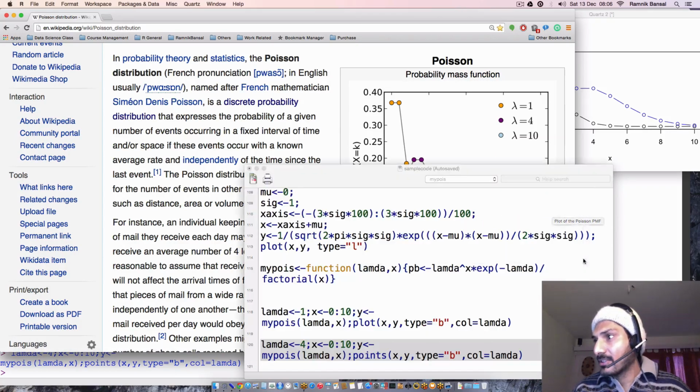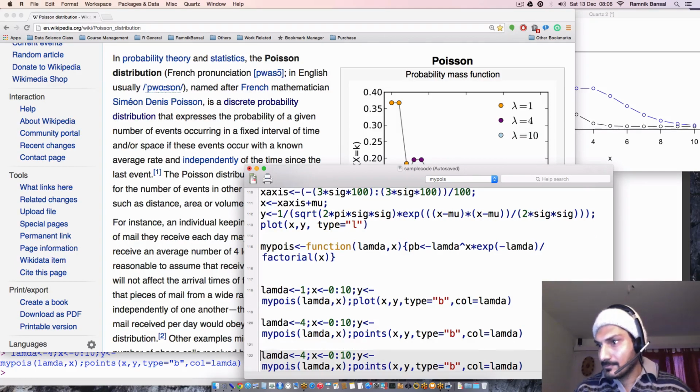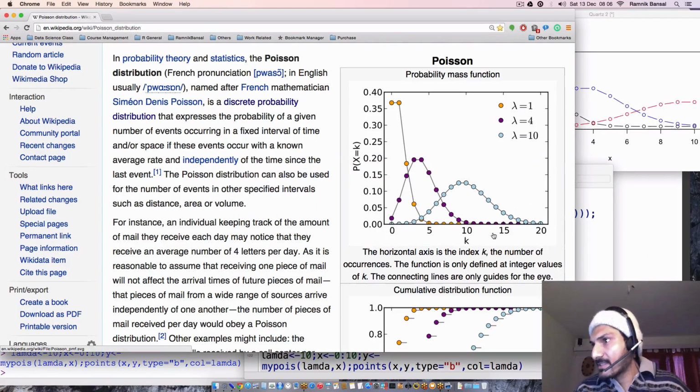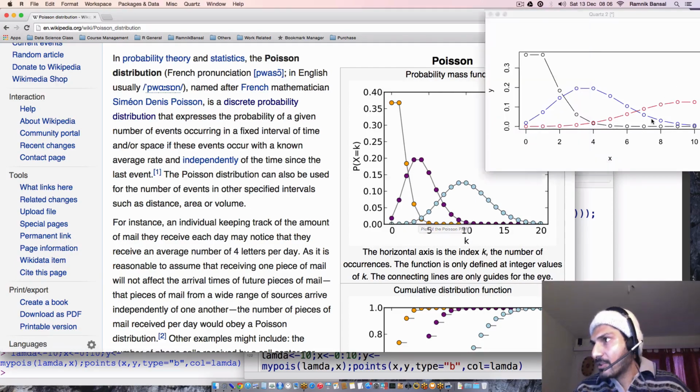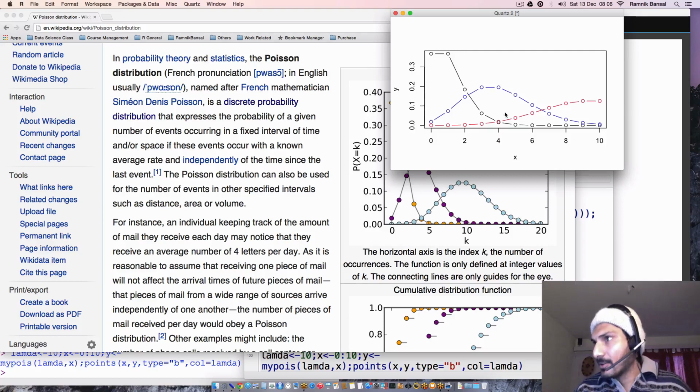Okay. So I copy my code, change this to 10. Am I getting the same curve? Because I'm plotting only till 10 values, I see the curve going up.